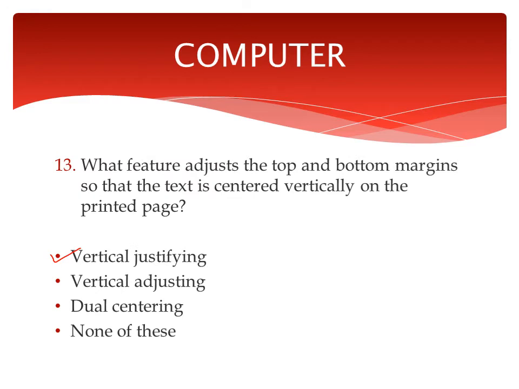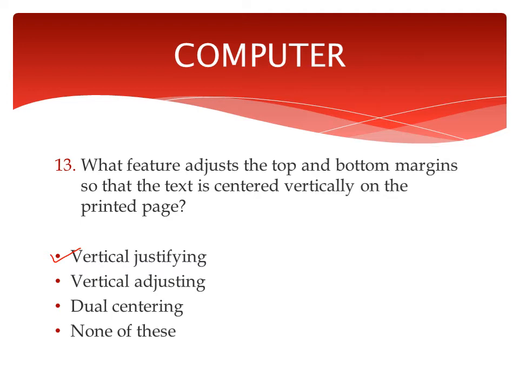13th question: what feature adjusts the top and bottom margins so that the text is centered vertically on the printed page? First, vertically justifying; second, vertically adjusting; third, dual centering; fourth, none of these.